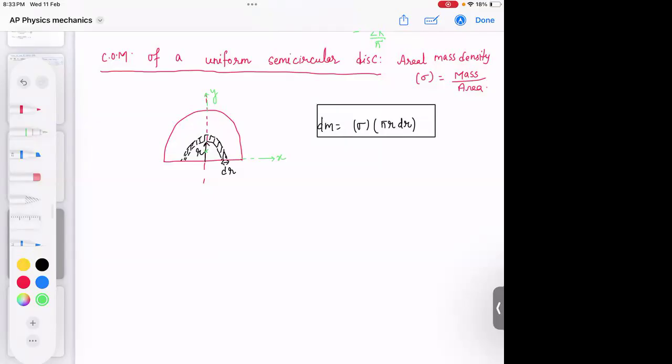Okay, so please do the calculation a little bit and tell me what answer is coming. How much are you getting?